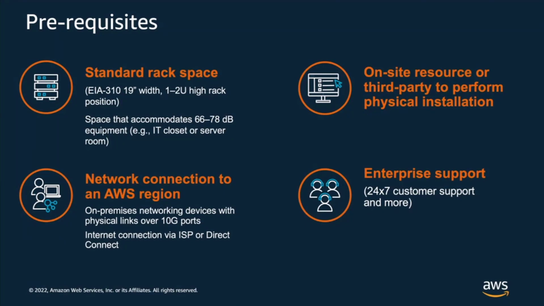A third party could also be arranged to come to your site. And finally, with servers, you should also know you do need to have enterprise support. This is where we can give you the 24/7 technical support needed, and it's also where the Outposts experts are available for support.